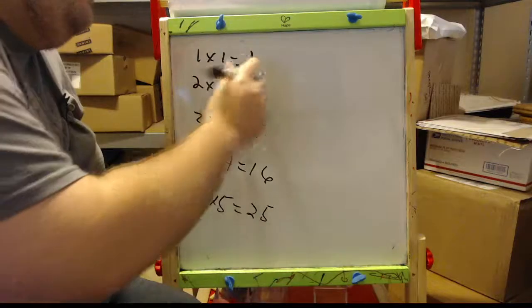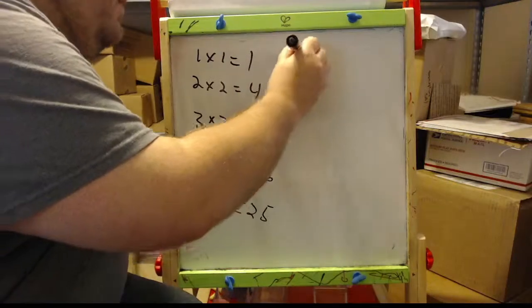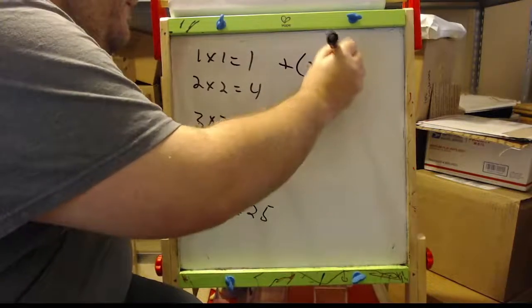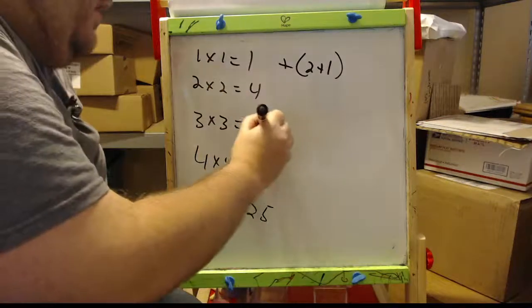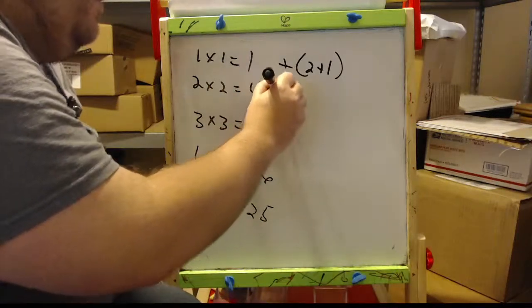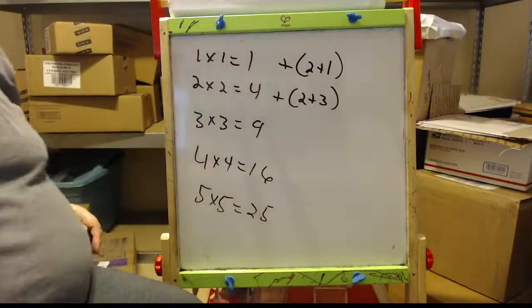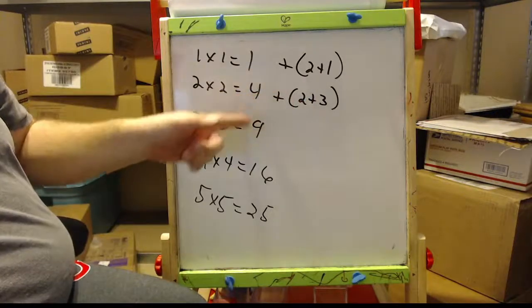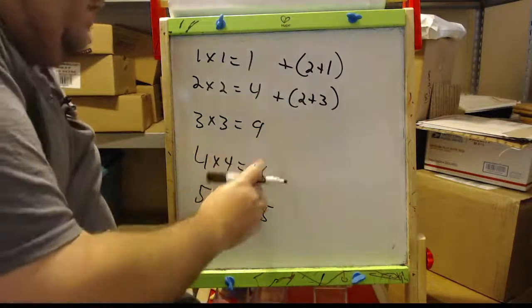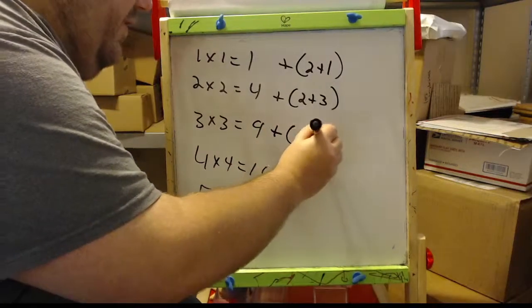The next perfect square is this plus 2 plus 1. So there's 4. The next perfect square is this plus 2 plus 3. So 2 plus 3 is 5, plus 4 is 9. The next one is going to be 16: 9 plus 3 plus 4. 16.